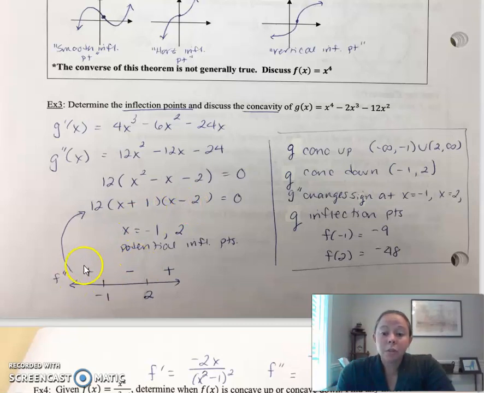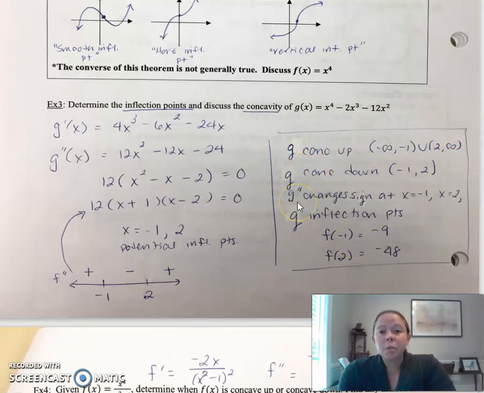If the second derivative is positive, you know that the original function's concave up. If the second derivative is negative, the original function's concave down. Because we changed signs, we have an inflection point at -1. Because we changed signs at 2, we go from concave down to concave up, we have an inflection point at 2. And that's what I put over here.